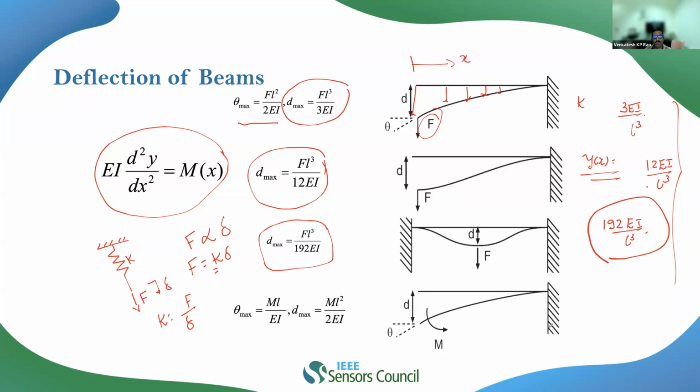Whenever I constrain it from both sides, naturally I am not letting it either rotate or translate at both ends. So naturally, the stiffness of the structure will shoot up. So K for a fixed beam is much larger than that for a guided cantilever, which is greater than the stiffness of a simple cantilever.